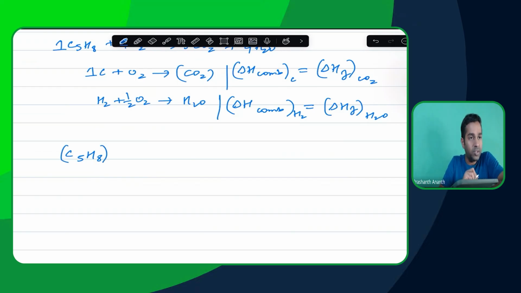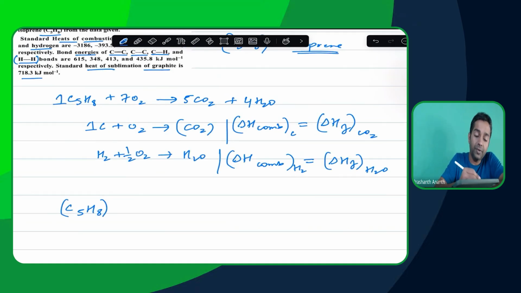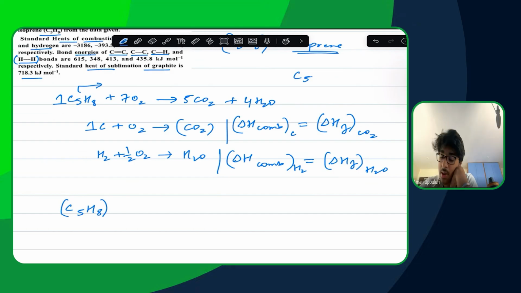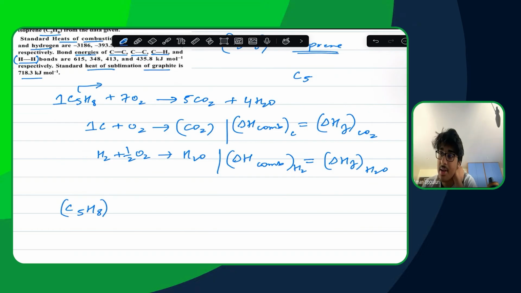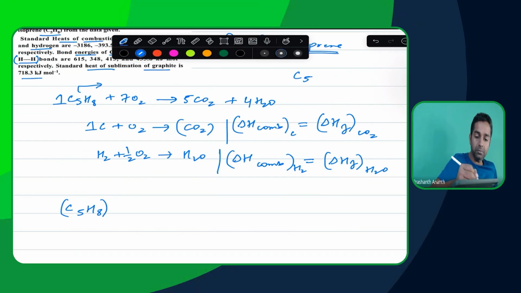If it is C5, what is the general molecular formula telling you it should have if it is fully saturated? CnH2n plus 2 is fully saturated. So it should have been C5H12.